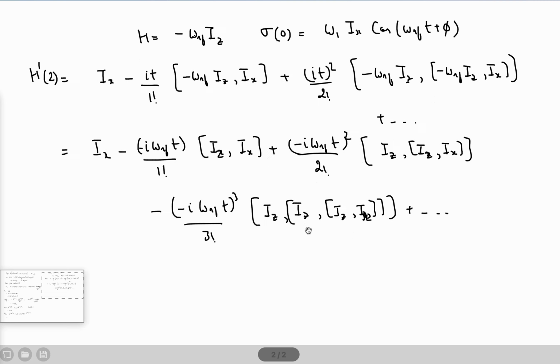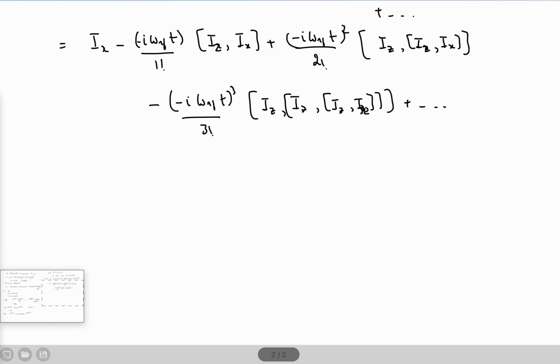Now let's see what the relation is between the spin angular momentum operators.